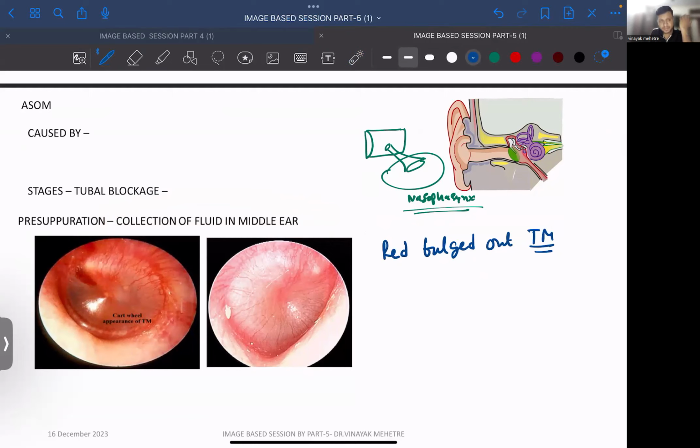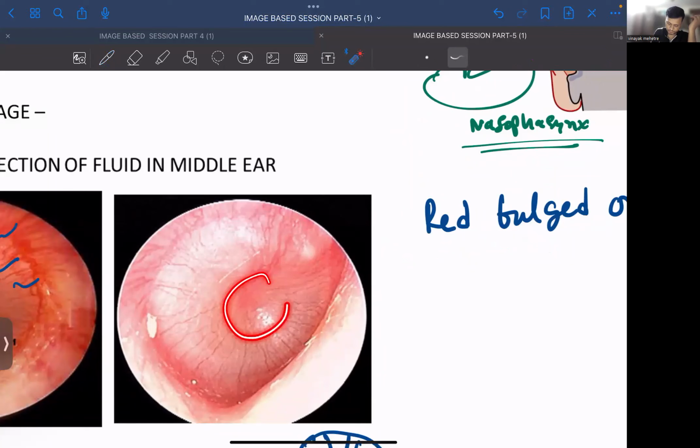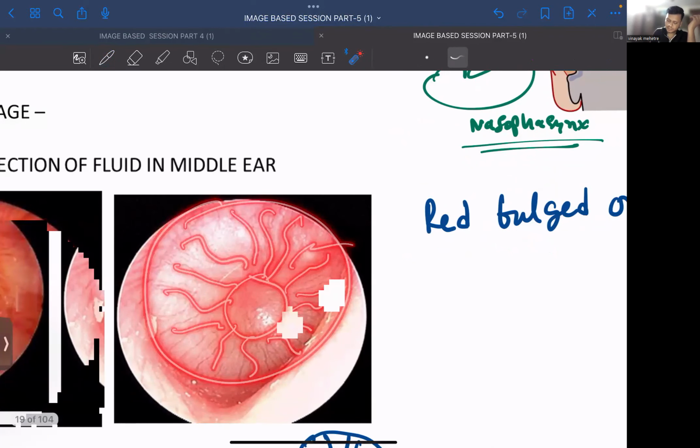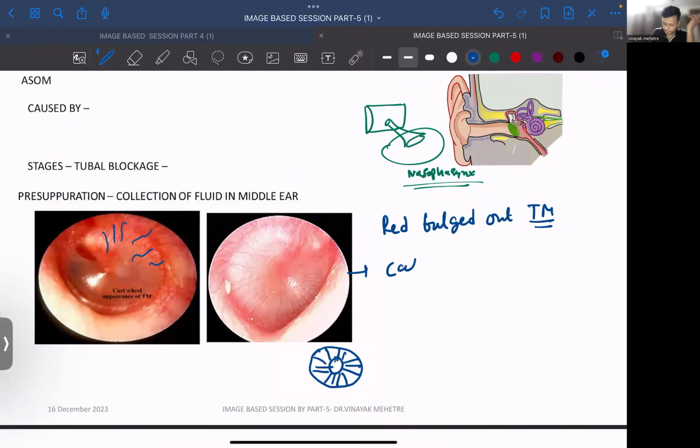Now there is tension on the tympanic membrane, and we have vessels on it. That vessel will dilate. As tension increases, the vessel size also increases. How will it look? Like the bullock cart wheel you may have seen in villages in childhood, with dilated veins. What do we call it? This is called cartwheel appearance.